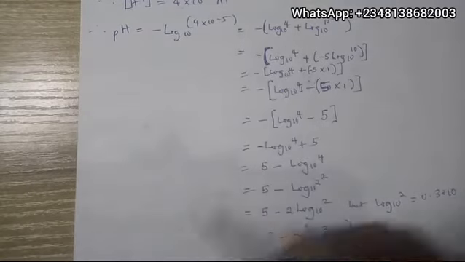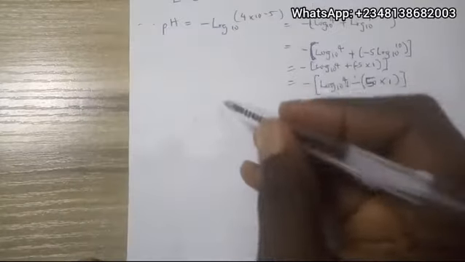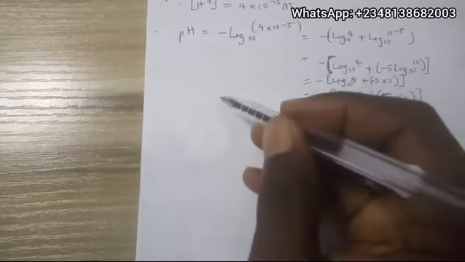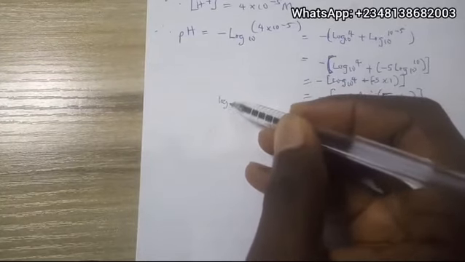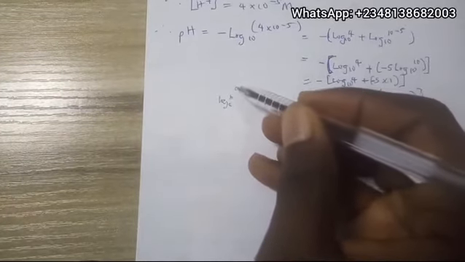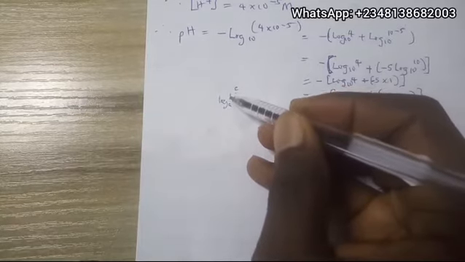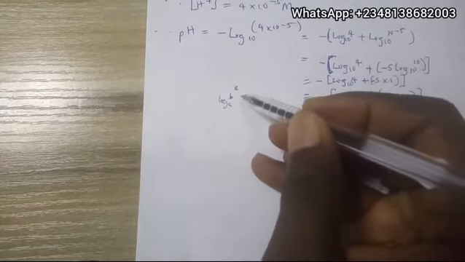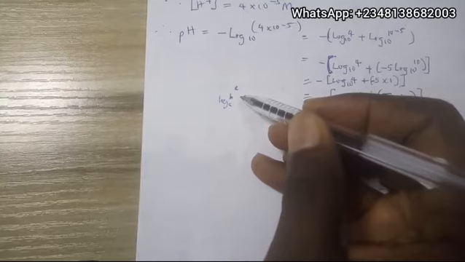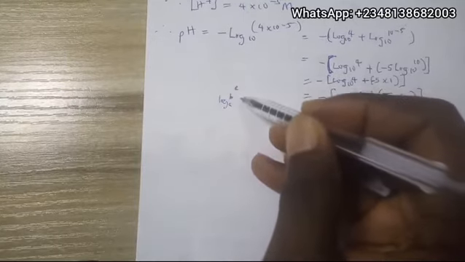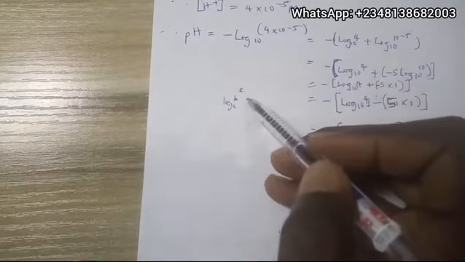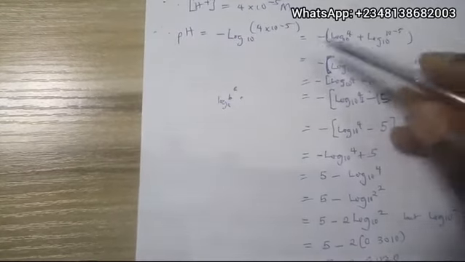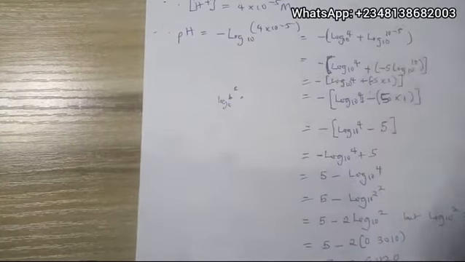Remember, there's a law of logarithm that says that log B raised to power C to base A. Okay, this one should use the product law. We'll still get to this law.